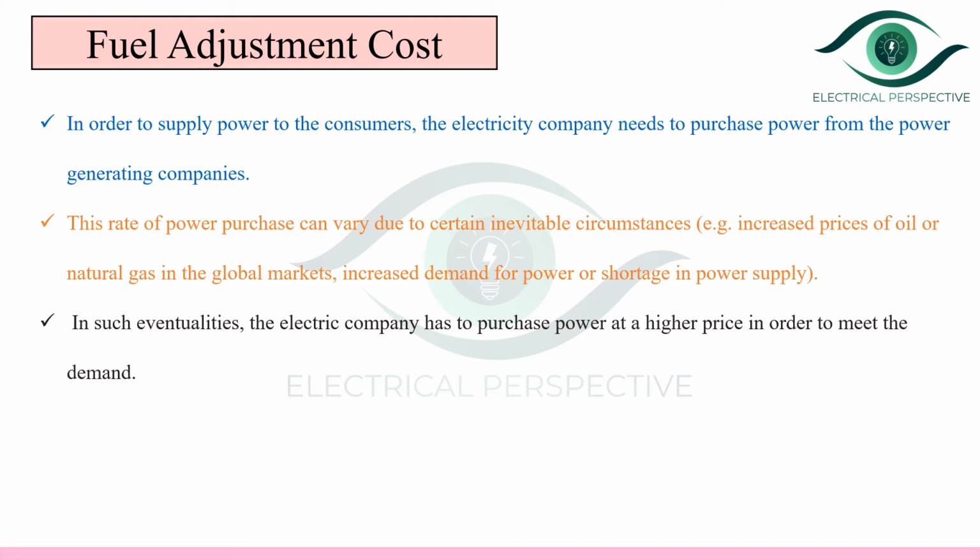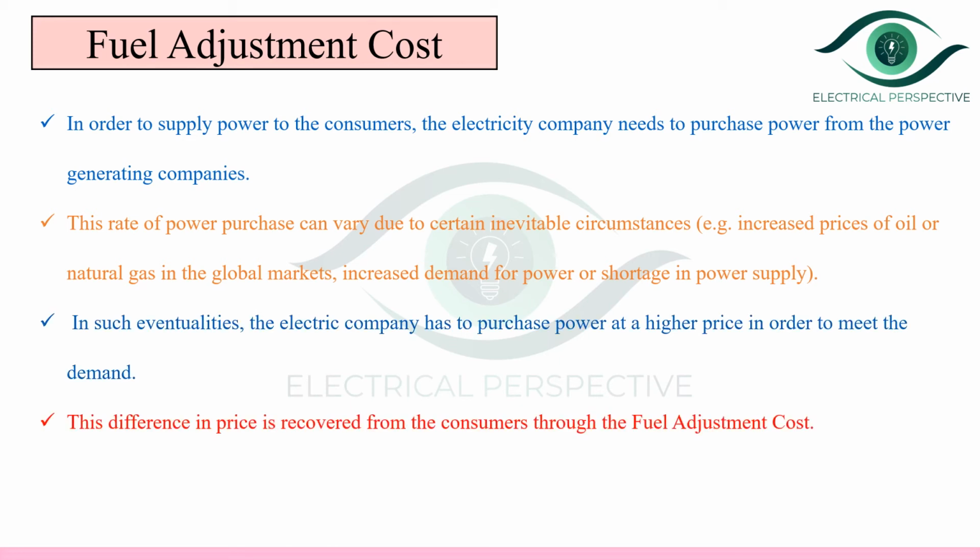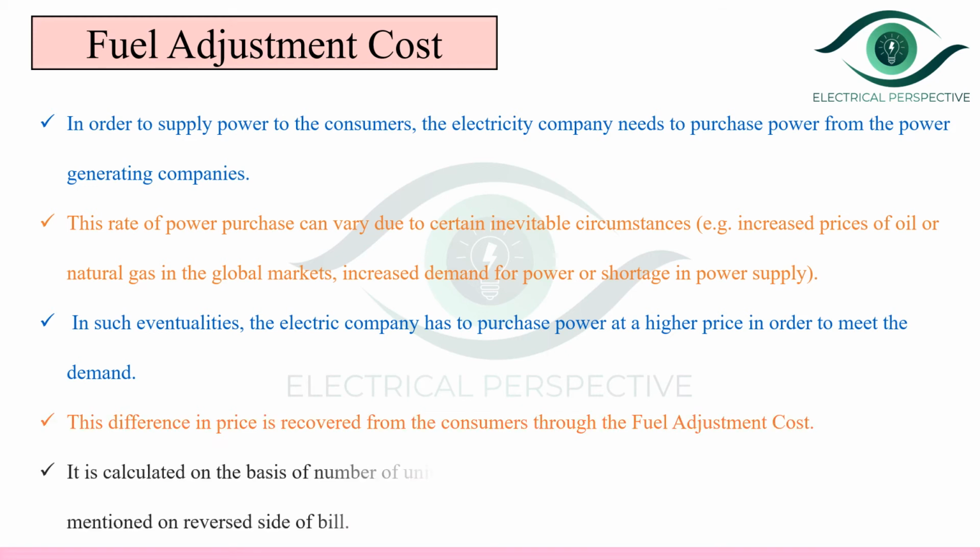In such eventualities, the electric company has to purchase power at a higher price to meet the demand. This difference in price is recovered from the consumers through the fuel adjustment cost. It is calculated on the basis of the number of units consumed by the consumer, slab wise, every month, and it is mentioned on the reverse side of the bill.